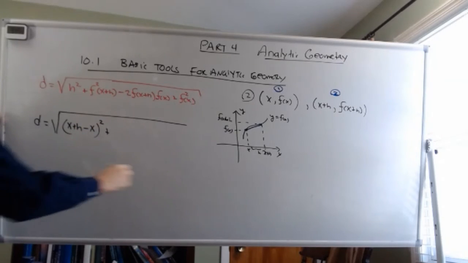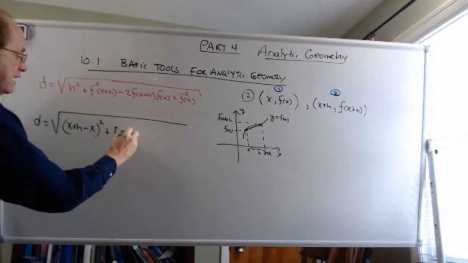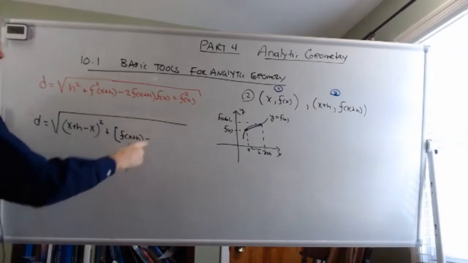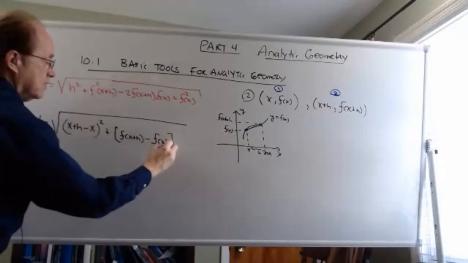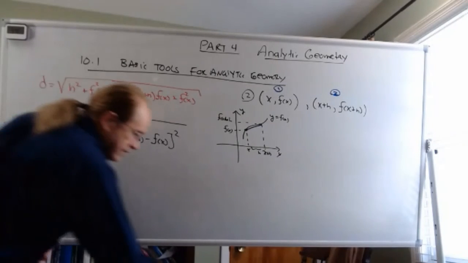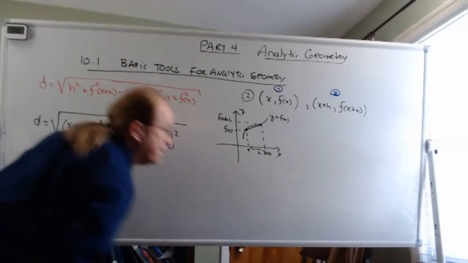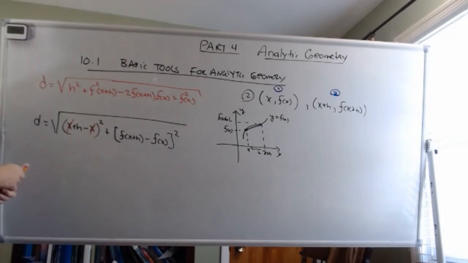Plus over here, then I take my y2, which is f of x plus h, minus my y1, which is f of x, quantity squared. Okay, well, over here I can see readily the x's cancel out. x minus x, this just gives me h squared.